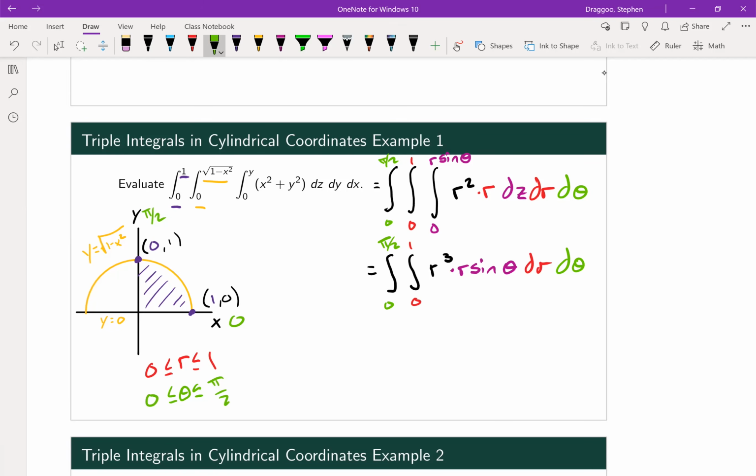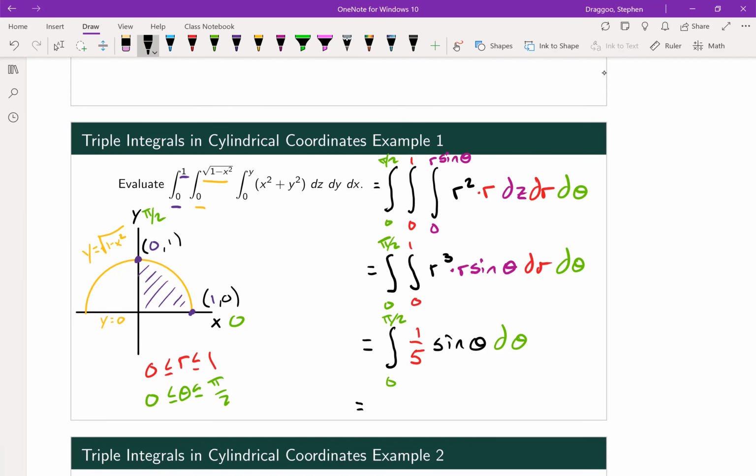If we do that r component first, we're integrating r to the 4th, which will integrate to r to the 5th over 5. From 0 to 1, that'll be just 1/5. So 1/5 sine theta. And now we're integrating theta from 0 to pi over 2.